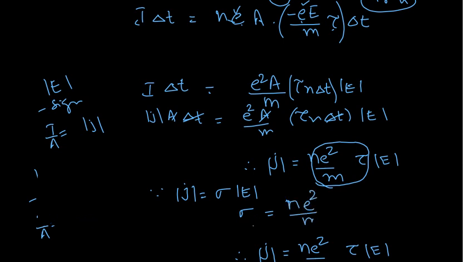This is how we give the conductivity using the drift velocity. This kind of derivation is not in the boards, I think they asked once in the board, but in college examinations they definitely ask for this. Any questions or doubts? No?